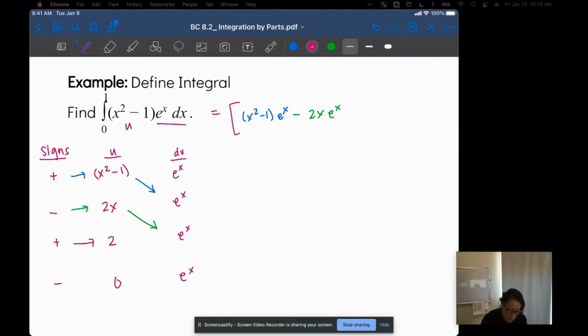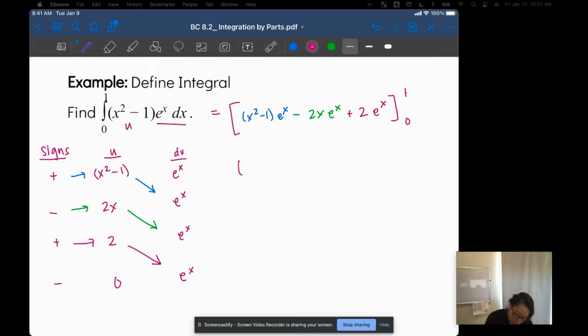My third term would be plus 2 times e to the x, and we're going to evaluate this from 0 to 1, since this is a definite integral.